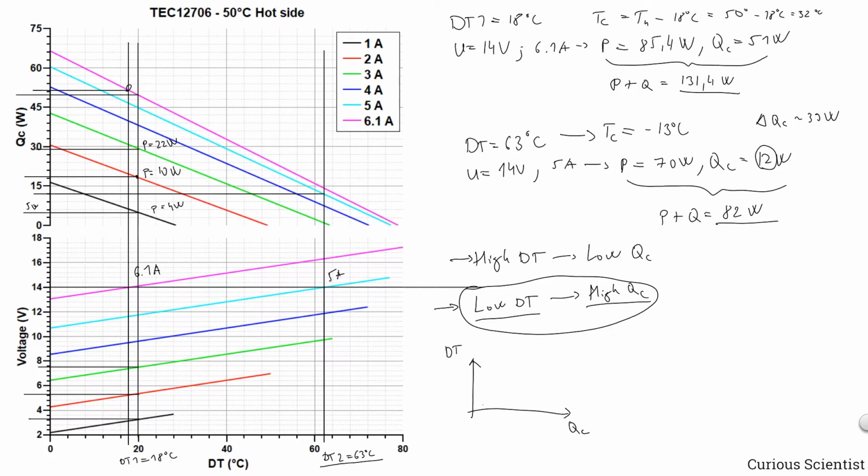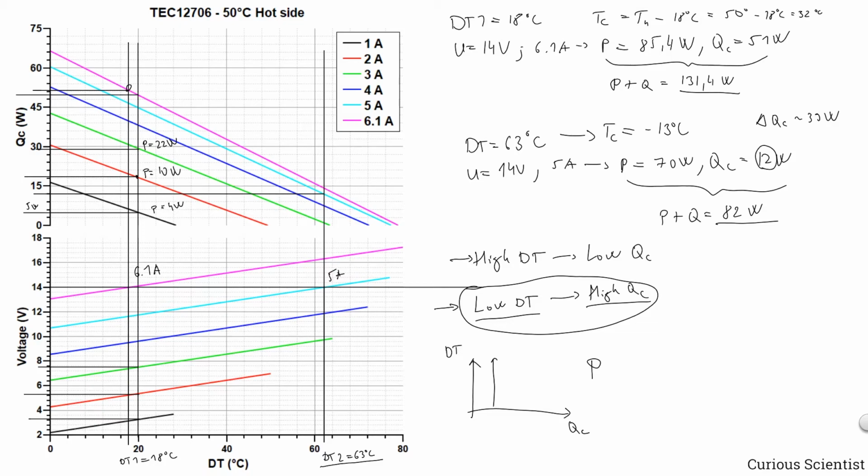So as you try to increase the DT at a certain QC, you will see that you have to cross different currents. So you have to increase the current. But as you increase the current, then the P, the rejected heat, let's call it rejected heat, that also increases. So that's really difficult.